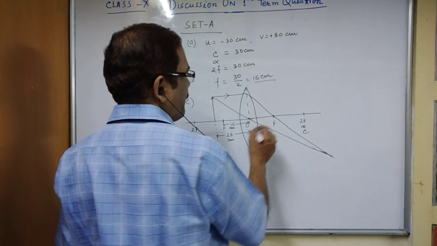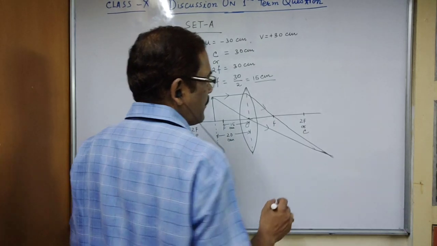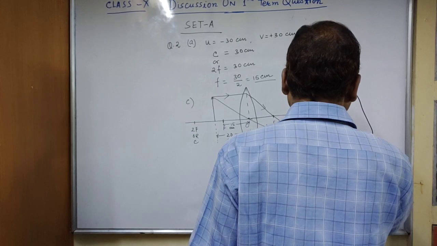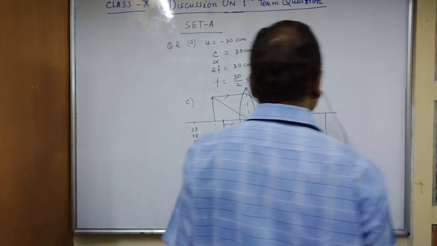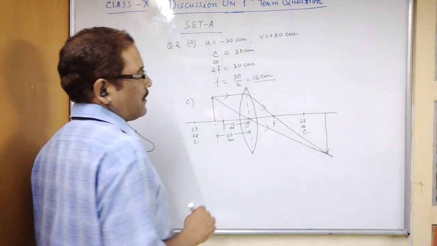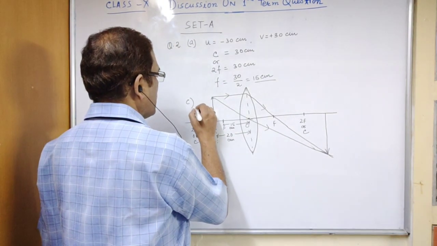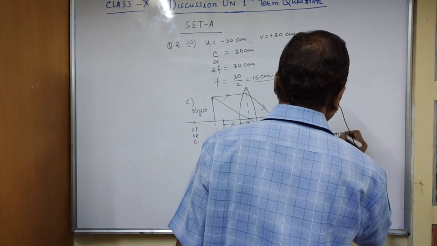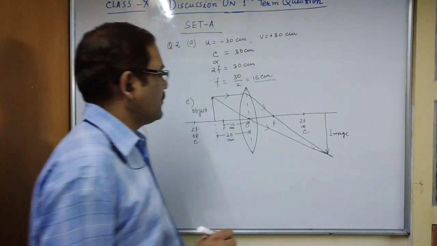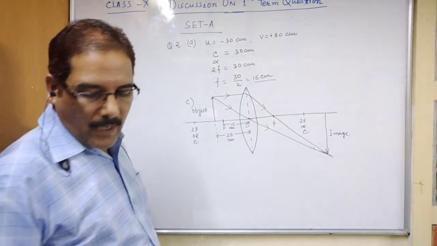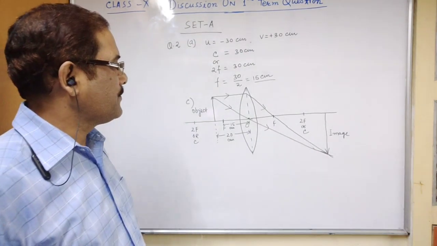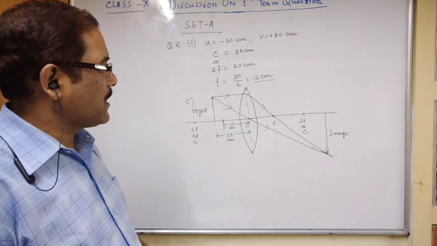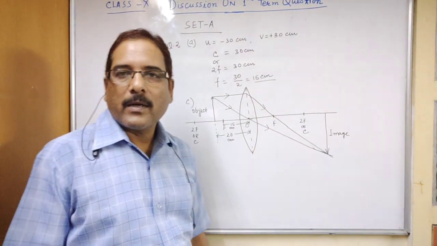The two rays meet here somewhere beyond C on the right side, and a magnified, inverted image is formed. This is the object and this one is the image. Those who have not put an arrow mark in their ray diagram, I will deduct marks for it. They will not get 1 mark, they will get half a mark, because it is compulsory to put arrow marks in your ray diagrams.